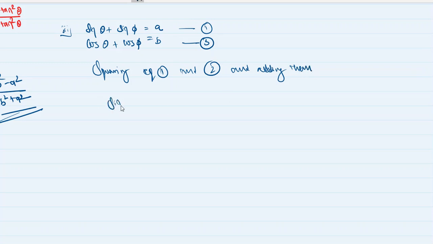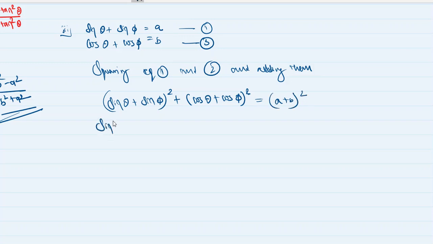We get sin theta plus sin phi the whole square plus cos theta plus cos phi the whole square.